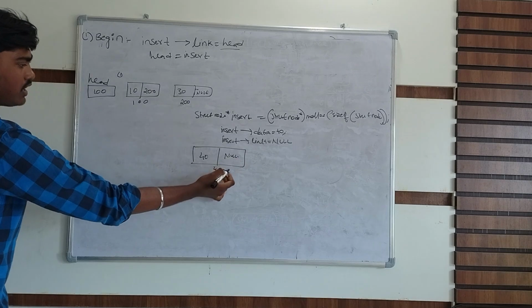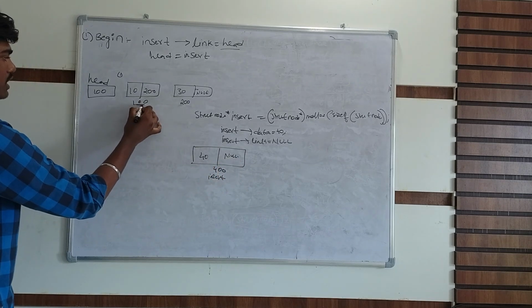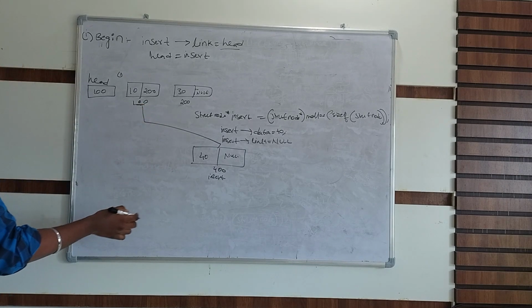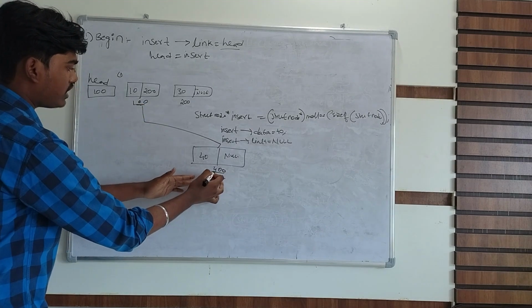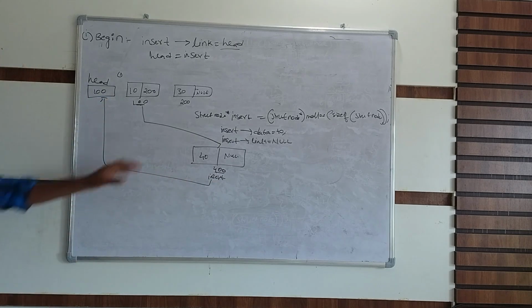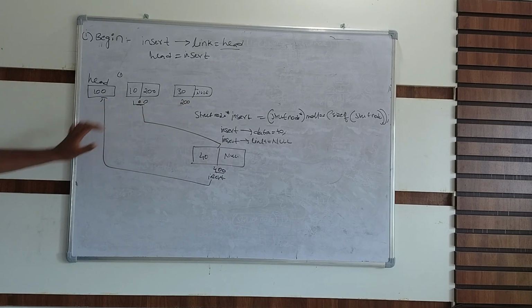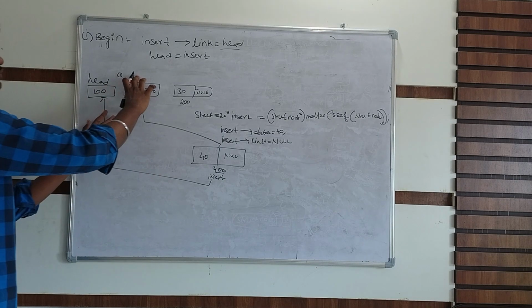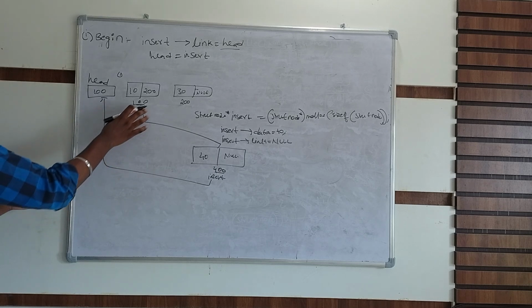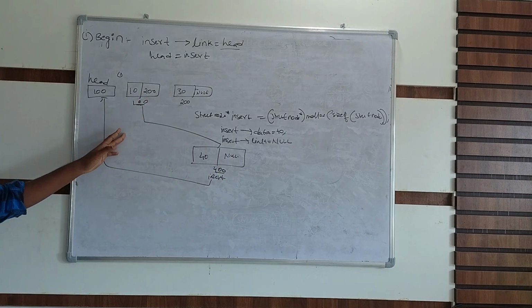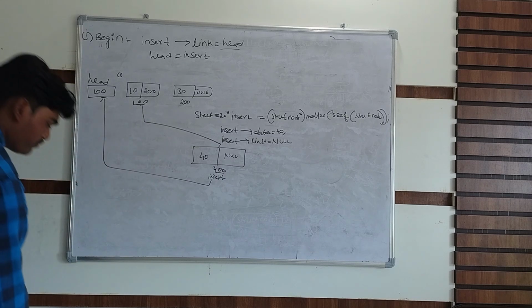We have to link this address to this part. Then we have to update this 400 to the head part. First right, after left. If we first insert in head, then head will disconnect from these nodes, and it will have only this node. That's why we always have to go for the right linking first.